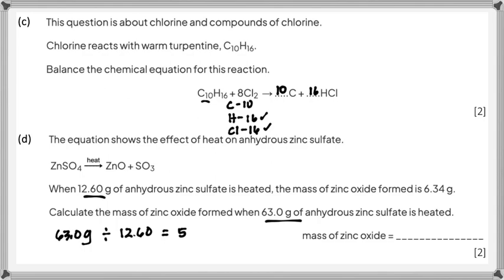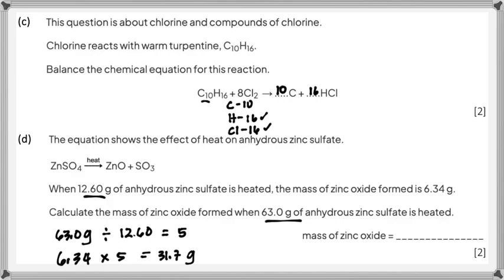Since we know it's 5 times, 6.34 times 5 gives us 31.7 grams.